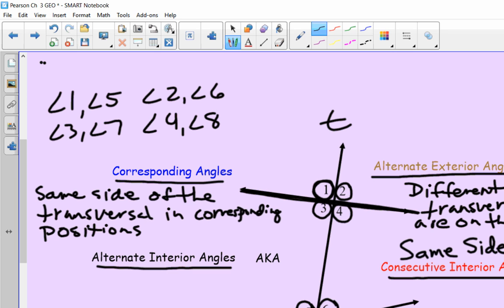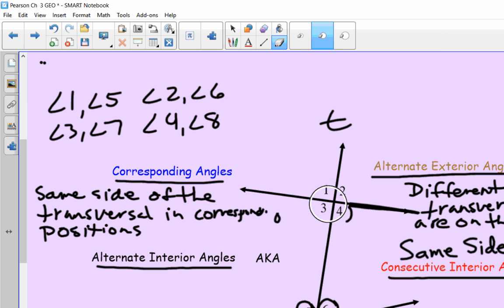Okay, I'll let you guys add that. I ran out of room. Okay, I'm going to get rid of this stuff I did for corresponding here. Okay, alternate. Different sides of a transversal.